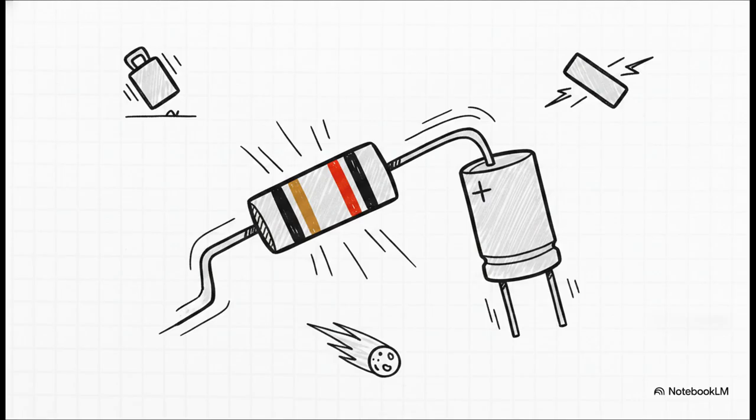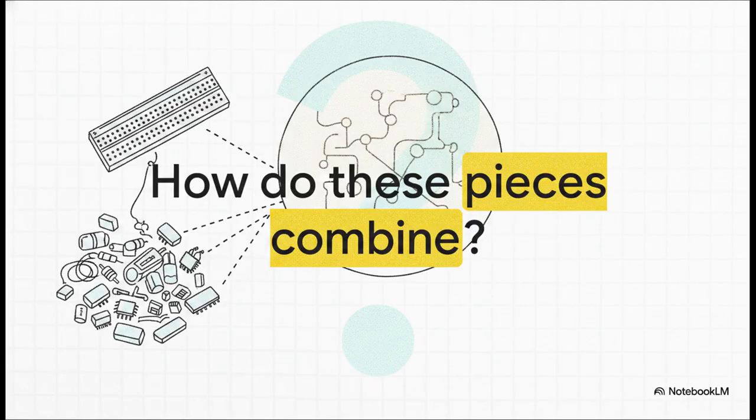And resistors, they dissipate energy as heat, acting exactly like physical friction or aerodynamic drag. So these aren't just off-the-shelf parts from a bin. They are the physical variables and energy translators of your simulation. By simply swapping a capacitor, you are literally altering the mass of your simulated universe. How cool is that? So the natural next question is, how do all these pieces actually come together? A pile of resistors and wires isn't going to do much just sitting there.